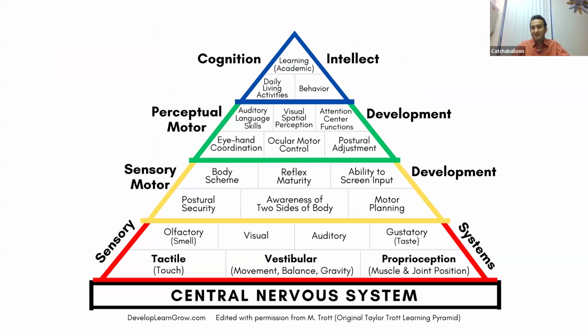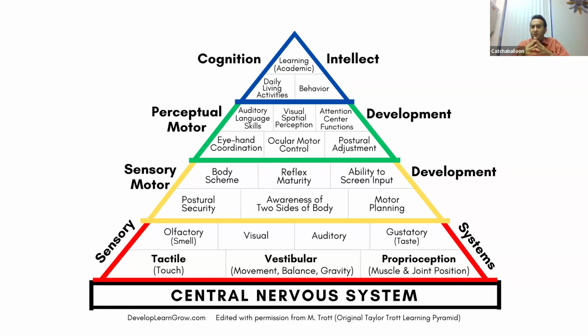But right now that we have talked a little about the central nervous system, it is time to briefly mention that the central nervous system, the brain, cerebellum, spinal cord, and also brain stem, midbrain, pons, all lobes of the brain together sit at the bottom of this pyramid. It is the anatomical structure that receives, modulates and regulates those sensory systems.